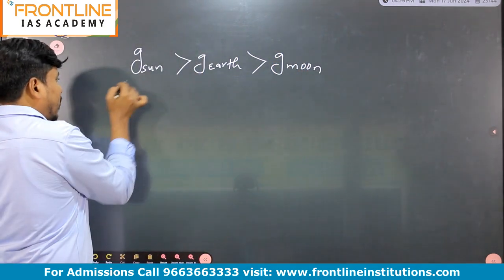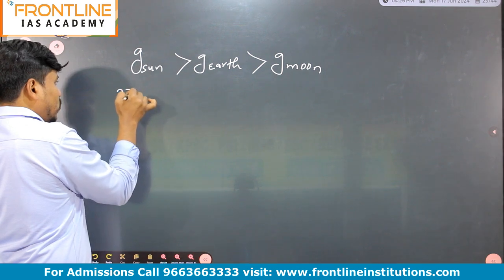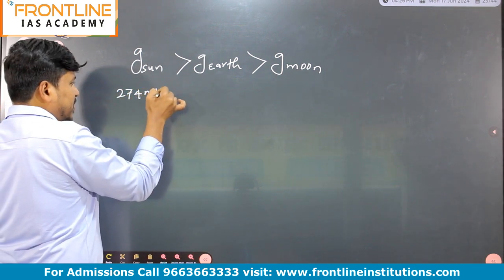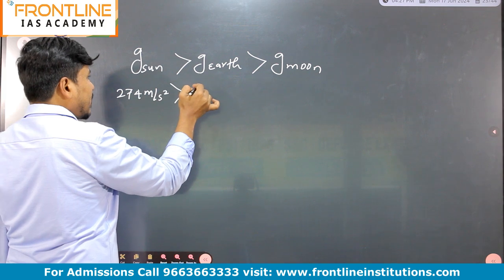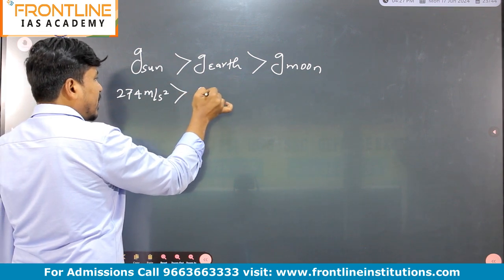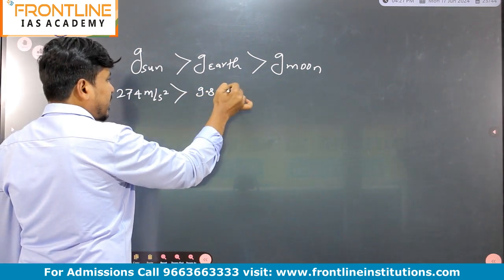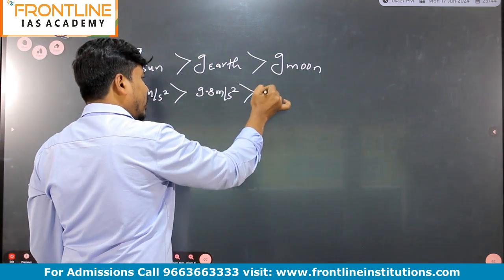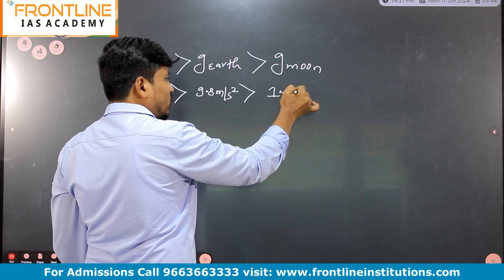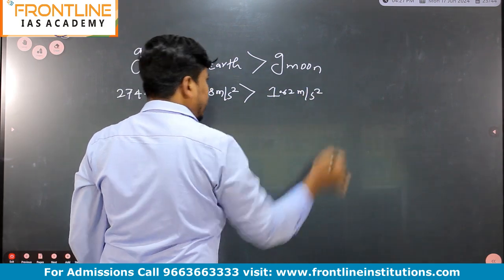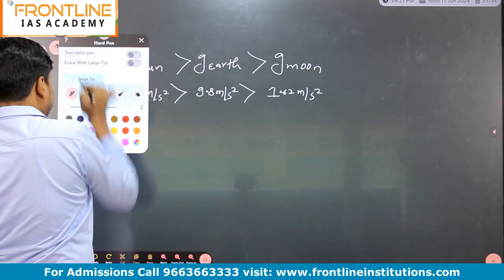So 274 meter per second square is greater than 9.8 meter per second square, which is greater than 1.62 meter per second square, right?